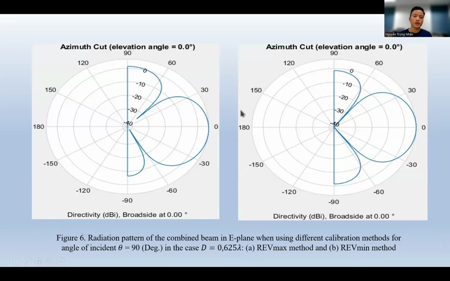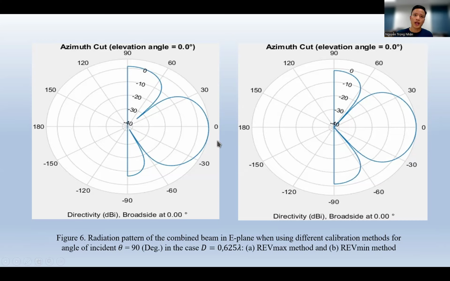Figure 6 demonstrates that the minimum point finding method exhibits superior phase calibration accuracy in comparison to the maximum point finding method, with a difference of 15 degrees.